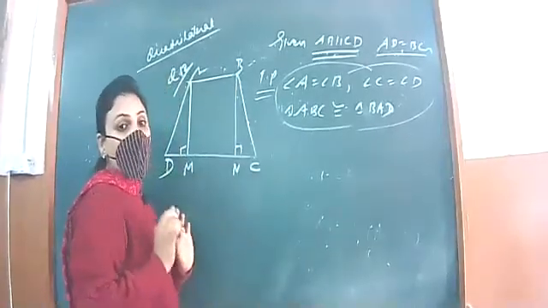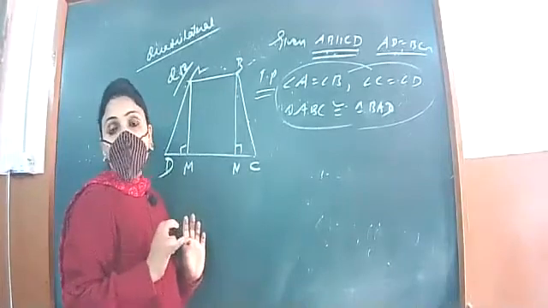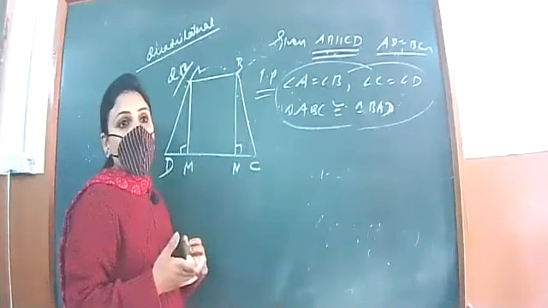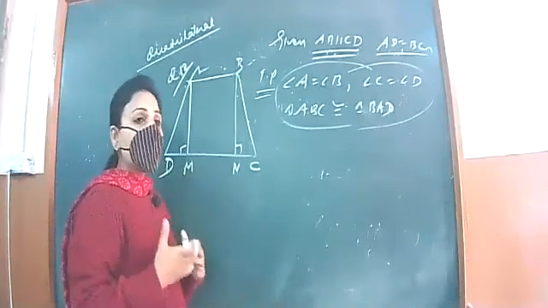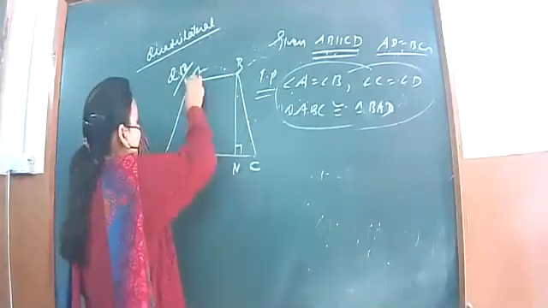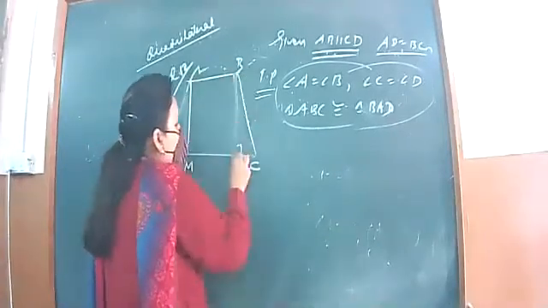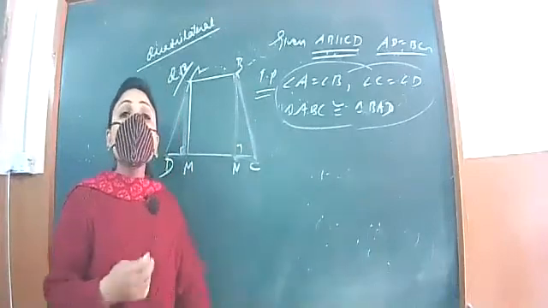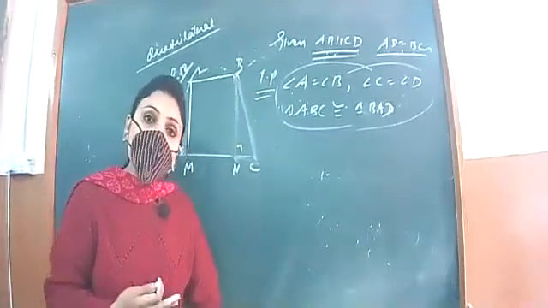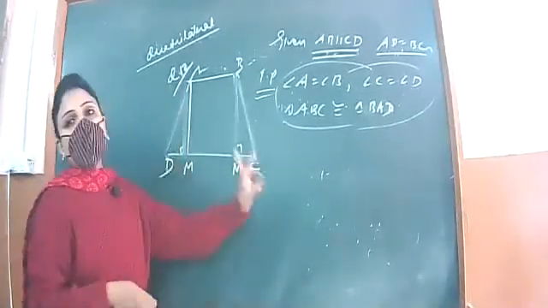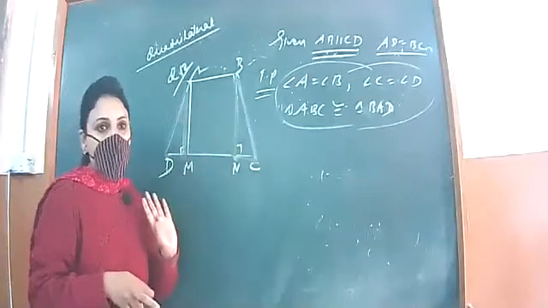We did that, right? And then what hint I gave you, that after drawing this perpendicular, what we need to prove? What did we prove? When this construction was done, after that we had these two triangles. And I told you that you need to prove these two triangles to be congruent, because only then will you reach C equal to D, A equal to B by CPCT.